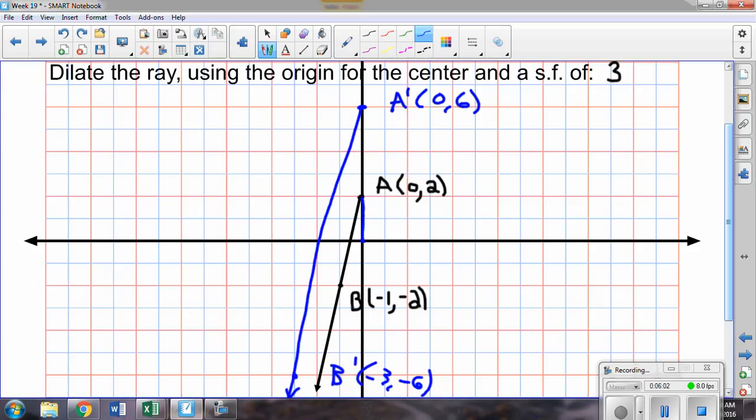There's our ray. Of course, making the observation that dilations don't change what the thing is. Points stay points. Segments stay segments. Rays stay rays. The behavior of the figure does not change just because we've dilated it to make it so-called bigger or smaller.